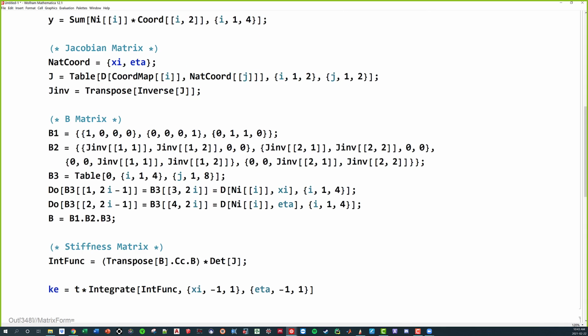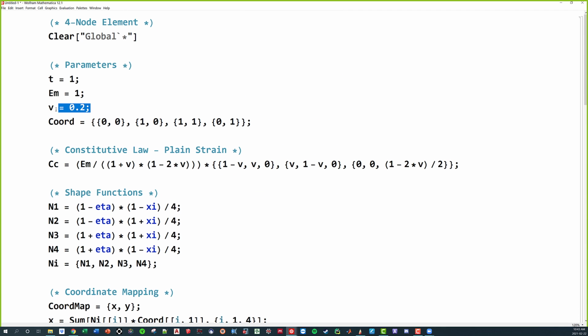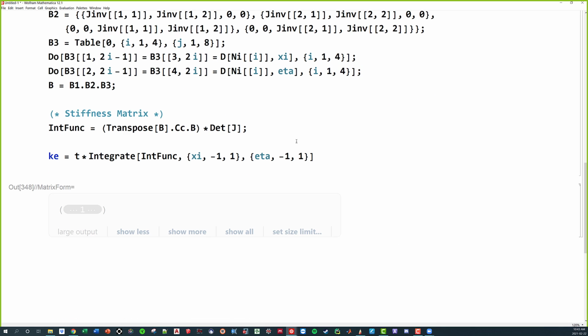Now, since our v is in a decimal format, everything down here is going to be in a decimal format. To make the integration smoother in Mathematica, we switch from simply Integrate to NIntegrate, which means numerical integration.